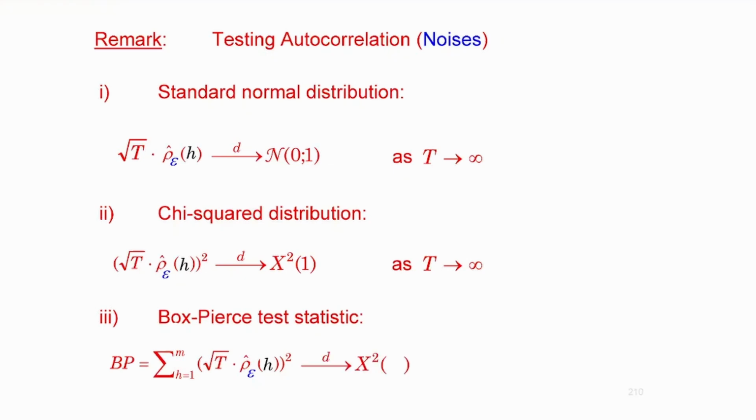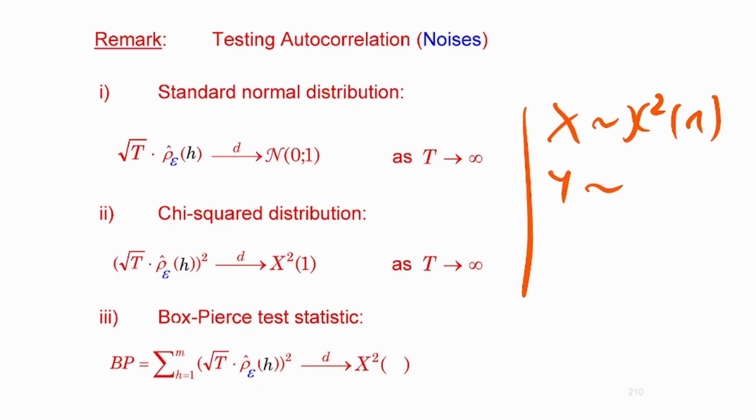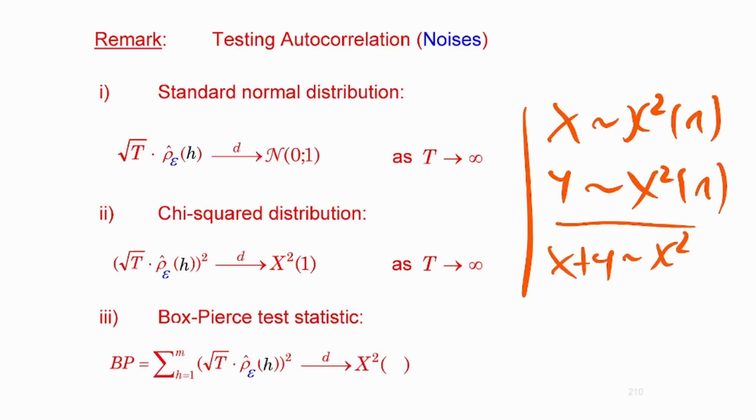So let's say if x follows the chi-square distribution with 1 degree of freedom, and y also follows the chi-square distribution with 1 degree of freedom, and x and y are independent, then the sum would follow the chi-square distribution with 2 degrees of freedom, obviously.